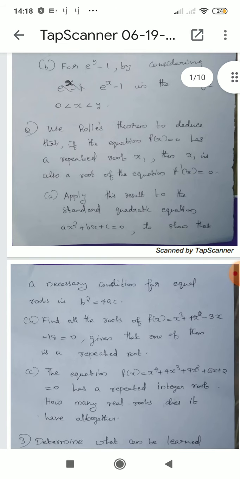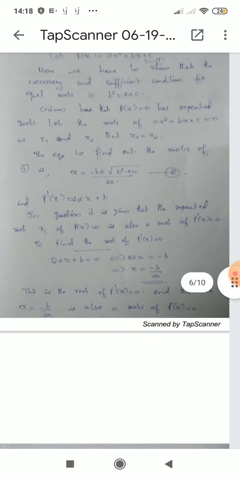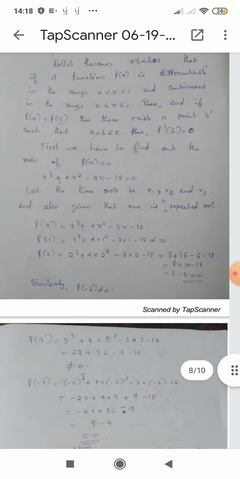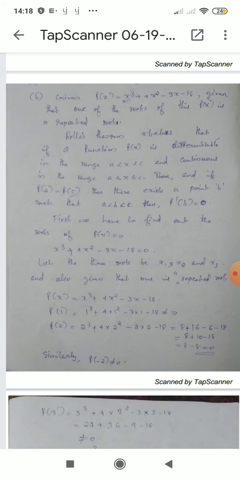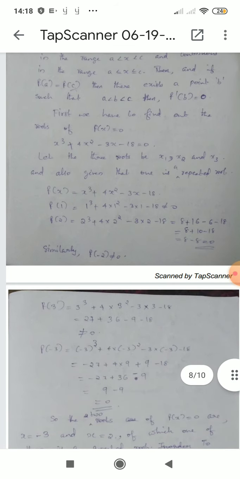So how to solve this problem? In order to solve this problem, we can use Rolle's theorem, as well as there is a hint given in our question that the repeated root of f of x is equal to 0 is also a root of f dash of x is equal to 0. Okay. So, do you know how to solve a cubic polynomial? If you don't know, let us take a look here.